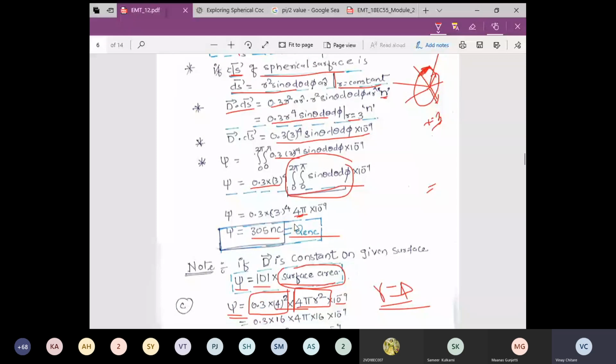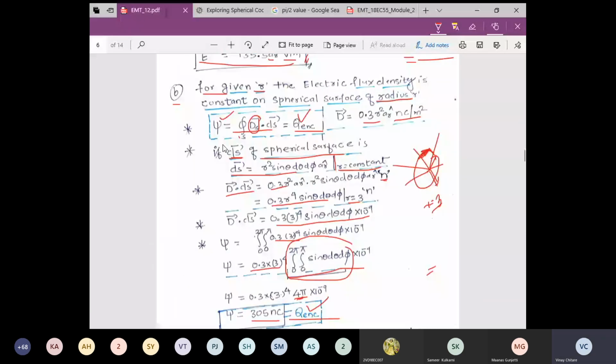So it leads to the flux as 305 nanocoulomb, and that itself is equal to the charge enclosed. So you could see I've just followed the mathematics. I said there is one more easy way to go.